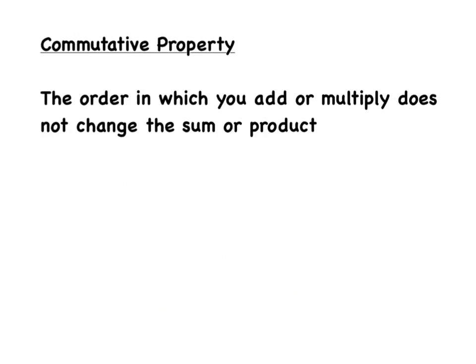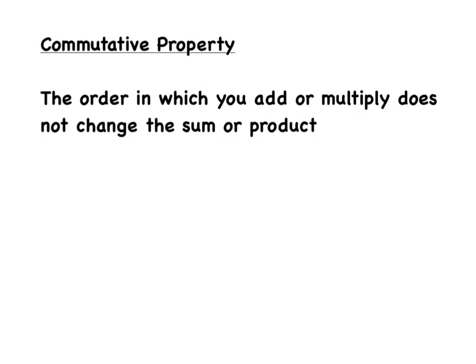The commutative property is a property which you will be tested on later on when it comes to Terra Nova. They love to test this property, so this is very important. The order in which you add or multiply does not change the sum or product.